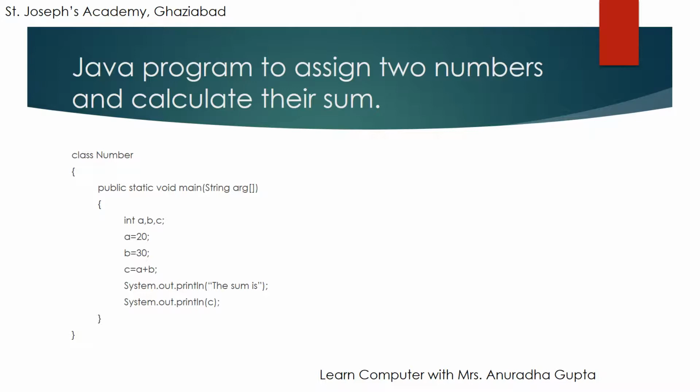Here we get the value of the variable c, because we have not enclosed it in double quotes. Then the output of this program will be: the sum is, and in the next line 50. In the last two lines, first we close the main function, then we close the class.